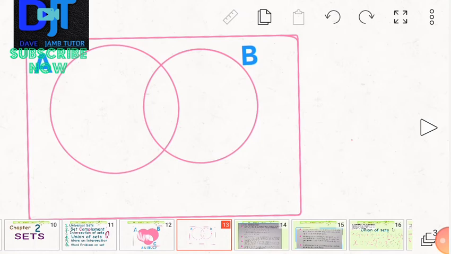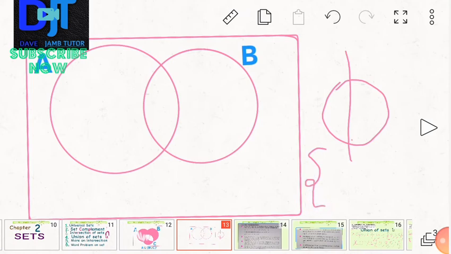It is an empty set. It is represented with this sign. Whenever you see that sign, it is always an empty set. At times it is also represented with two curly brackets containing nothing.